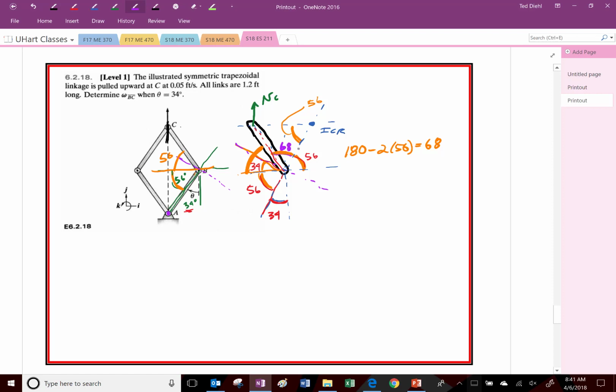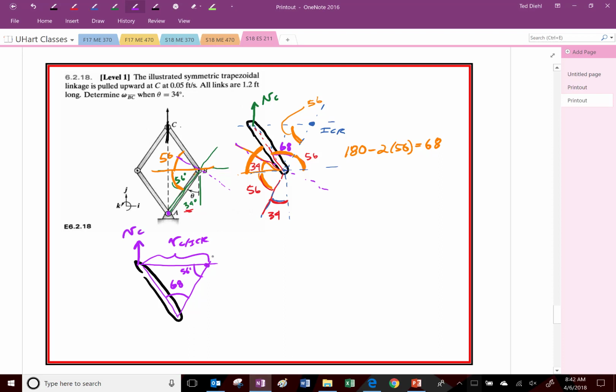All right. So I've really muddled up this drawing, but maybe I'll draw it over to the side so that you can see that I have a triangle right here where this is 68 degrees and this is 56 degrees. I want to know this RC with respect to ICR because I have this VC.